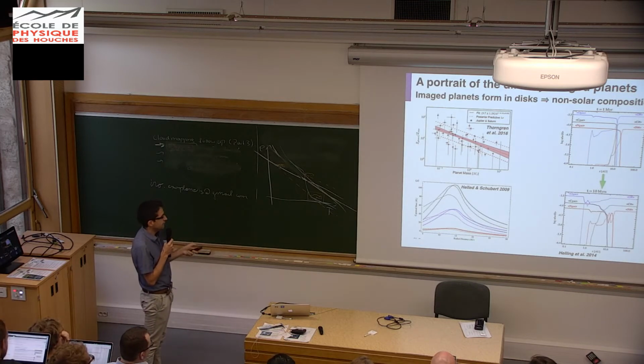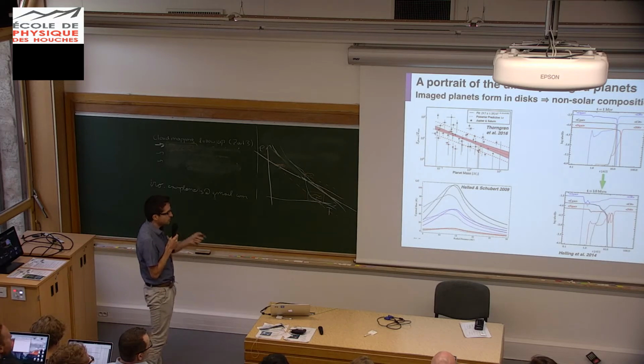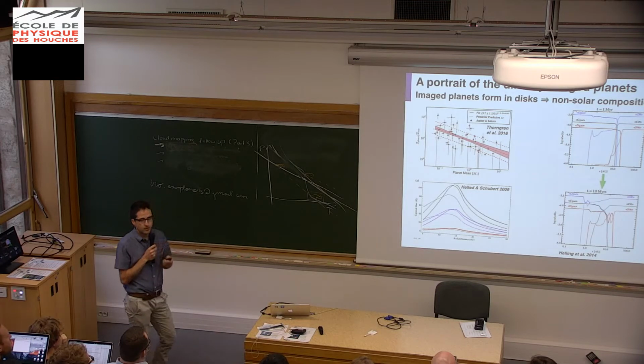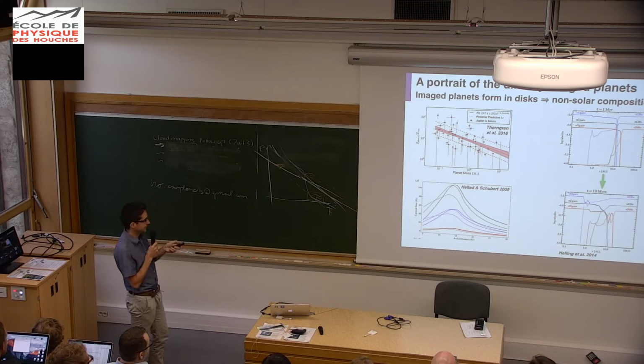So this is just telling you that for the planets that we are seeing with the direct imaging method, and that could have been formed by the gravitational instability scenario, you are also expecting some metal enrichment. And the big question is whether we can also find this metal enrichment in the atmosphere.